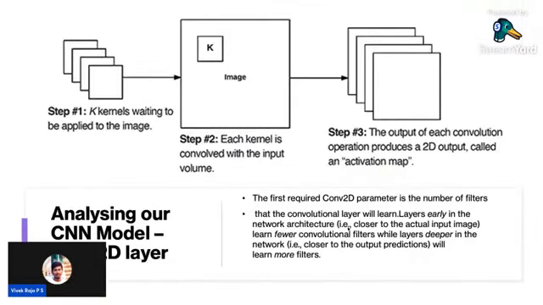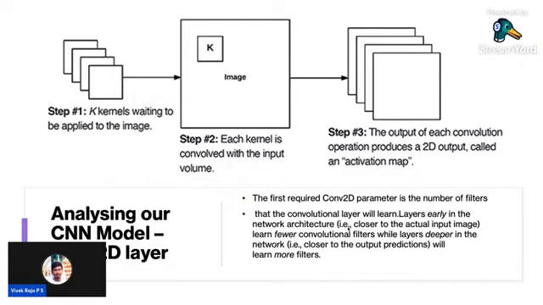For a Conv2D layer, before that we need to learn a couple of concepts involved in it. The first step is that k kernels are waiting to be applied to an image, and each kernel is convolved with the input volume, and the output of each convolution operation produces a 2D output called an activation map.